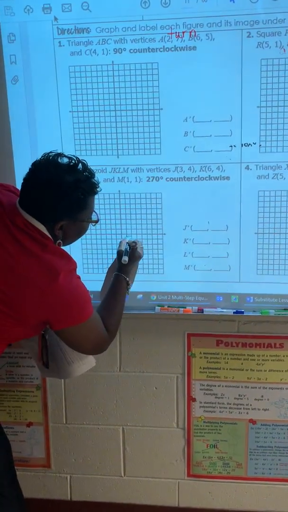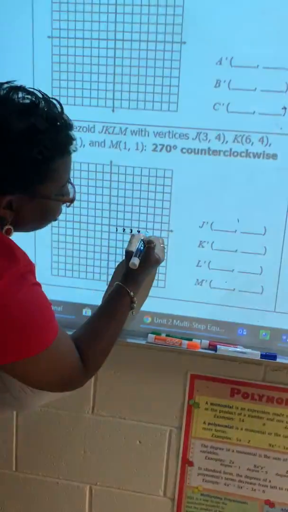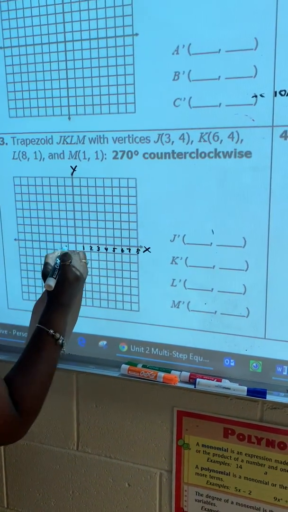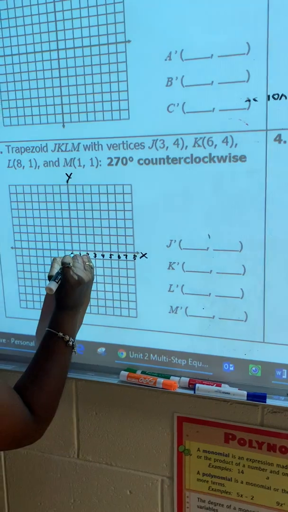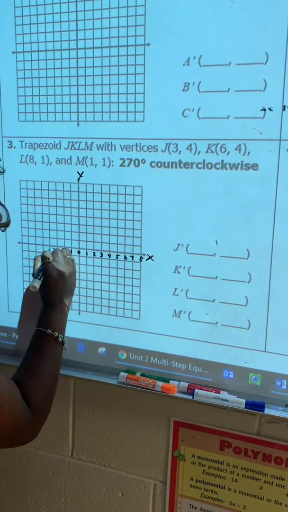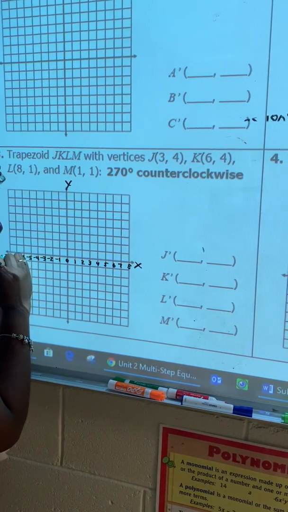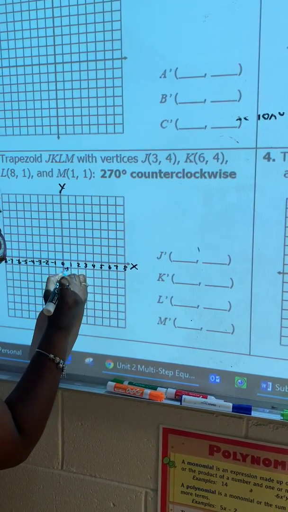And notice what I did in the classroom. I always start out by putting my numbers on the number line and labeling my axes. This will help you graph much more efficiently.